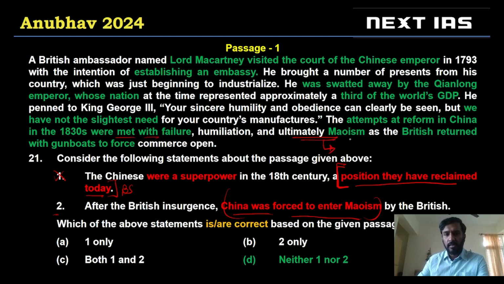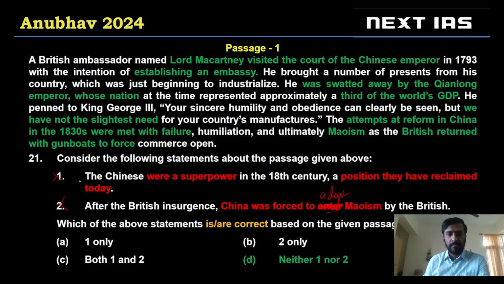Ultimately Maoism, this means they chose the philosophy of Maoism, right? Forced to enter Maoism is incorrect. Also, if you want to be accurate about the phrase, the verb should not be enter, it should be forced to adopt. So, for multiple reasons, statement 2 is invalid. The correct choice is option D, right?